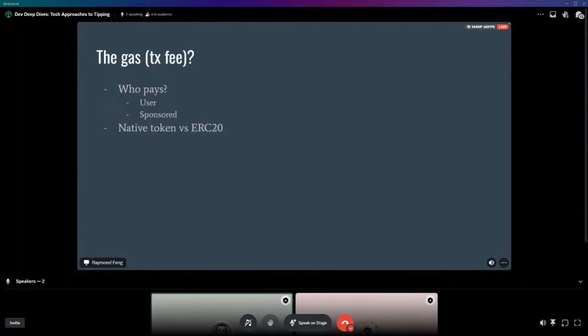And of course, an ERC-20 token is not a native token to pay the gas. So just some coordination needs to happen. For the paymaster or even on the user operation side, we can calculate using some pricing oracle. They say, okay, we do some estimate and say this transaction will cost 5 cents, right?